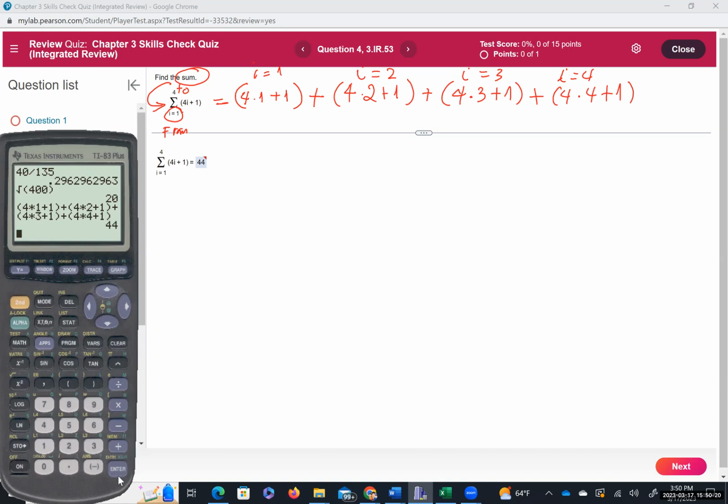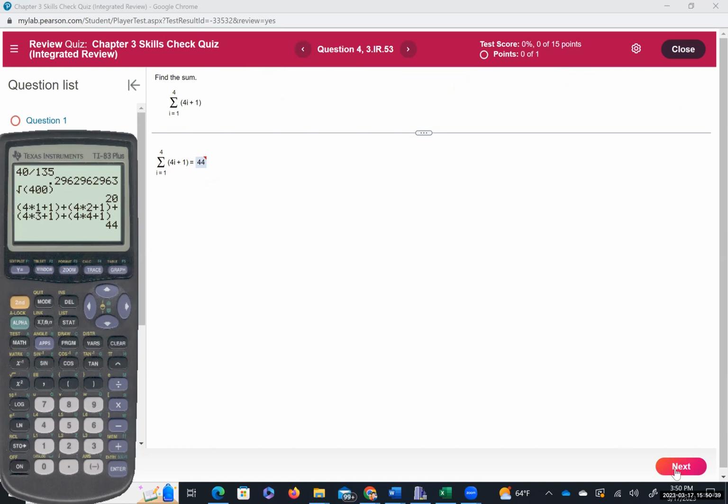Enter. And you will end up with 44 as the answer. And that is the reason why you have 44 here. All right, so now we'll move to the next one.